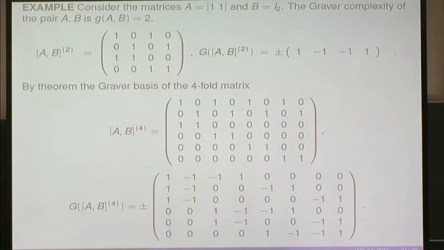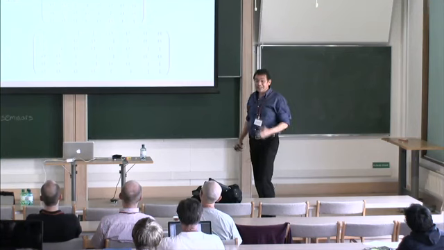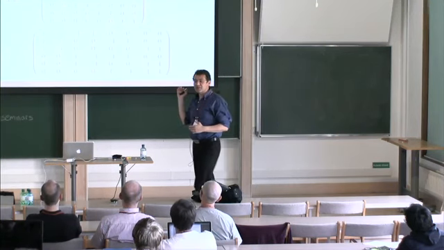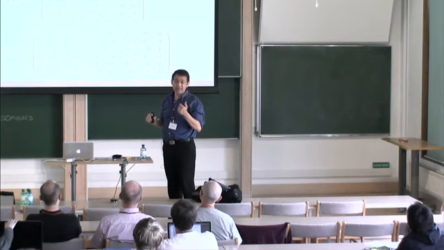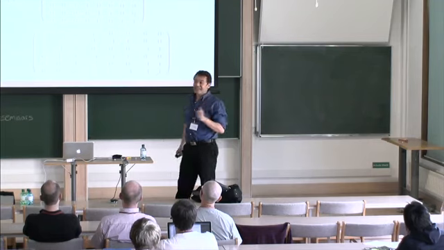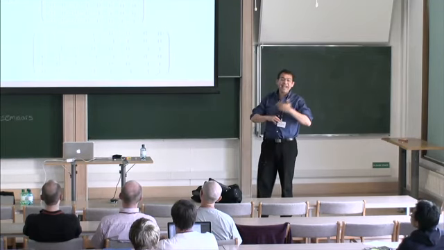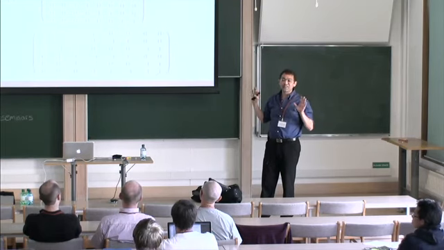These are the 2 Graver basis elements. Now, what the theorem is saying is that for this particular choice of A and B, and it depends on the choice that you make at the very beginning, you don't need to do anything else because that's all you need.